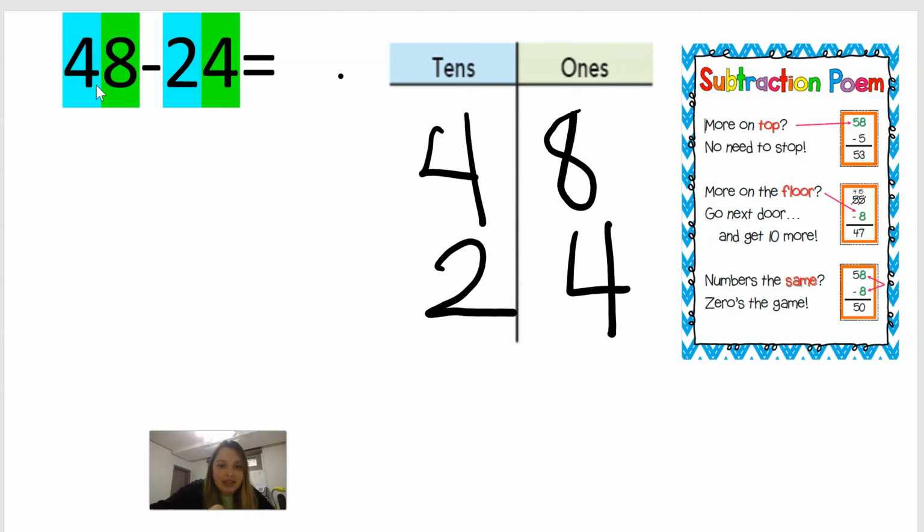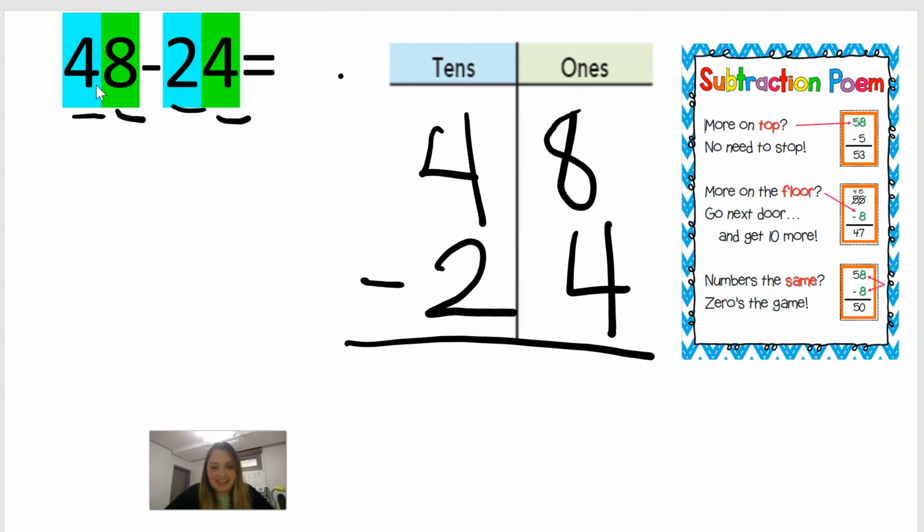Do you notice how the ones are on top of the ones and the tens are on top of the tens? So all you have to do is line them up and subtract, just like that.